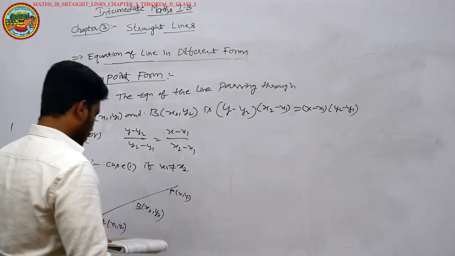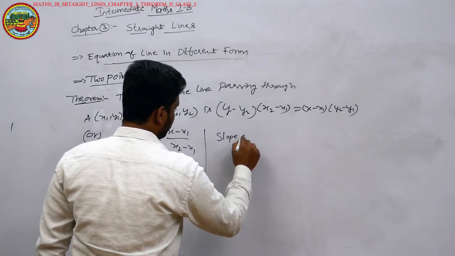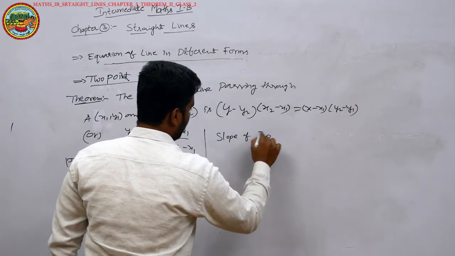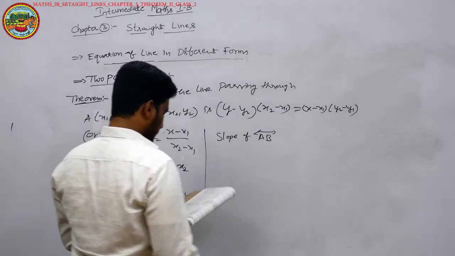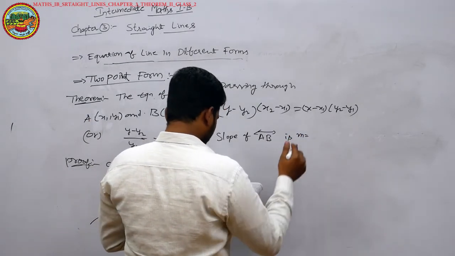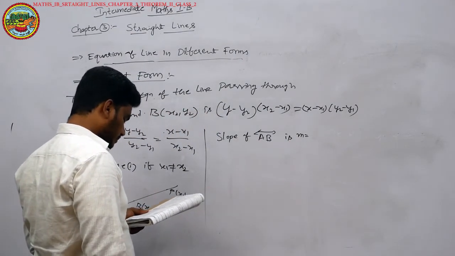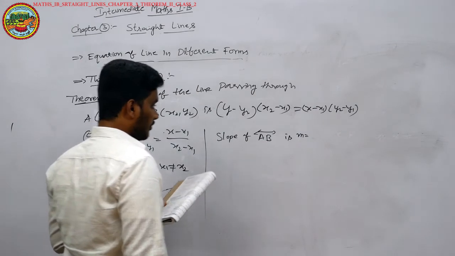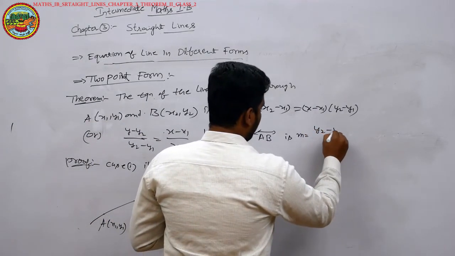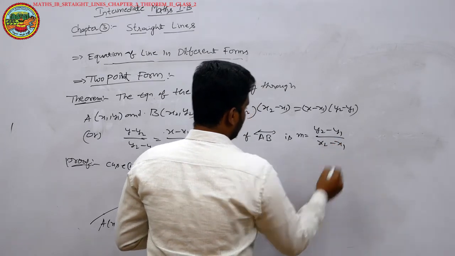The slope of line AB, m, is equal to y2 minus y1 by x2 minus x1.